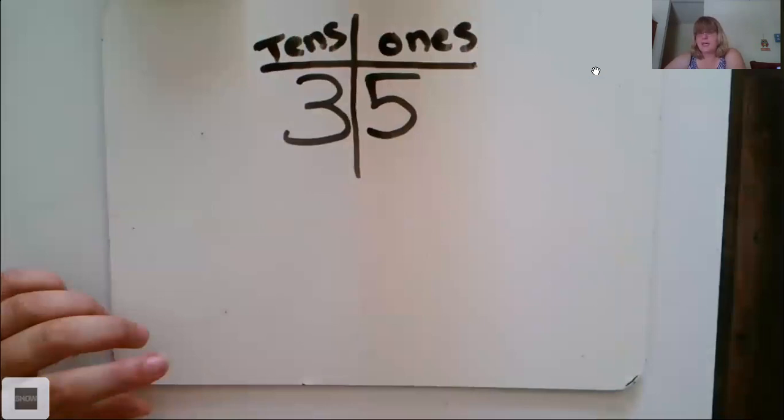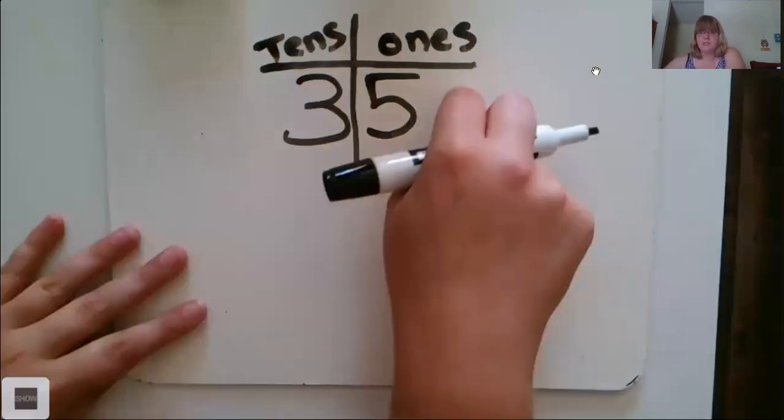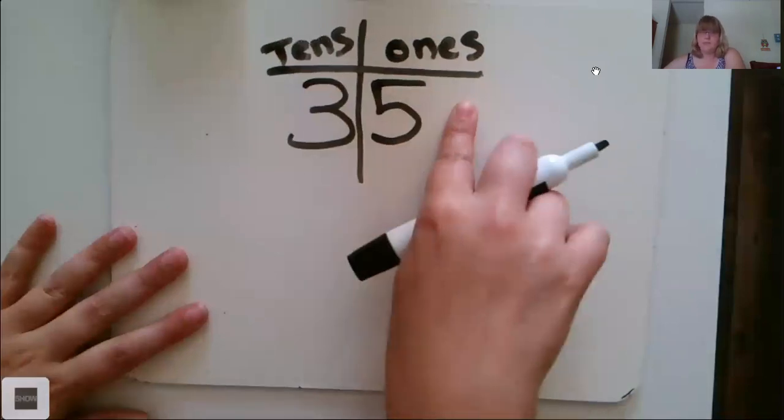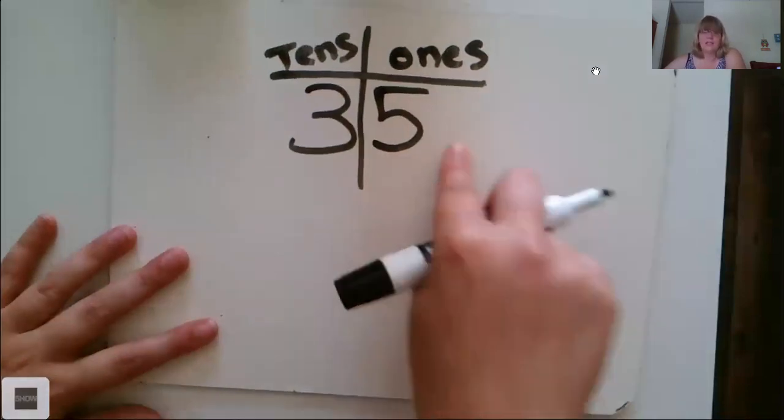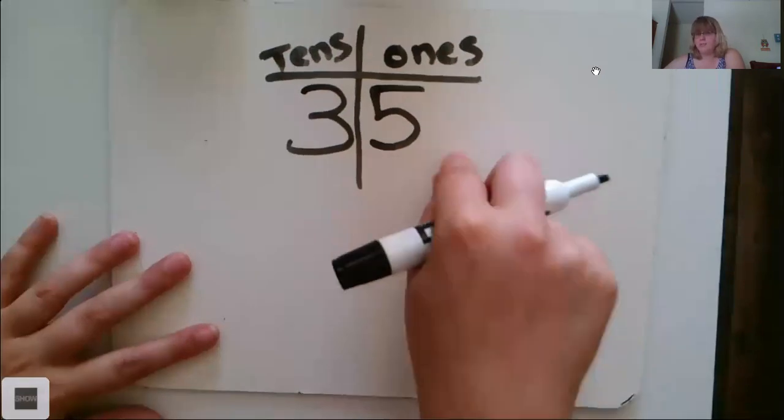If I'm subtracting a 10, the only number I'm going to change is the tens place number. Ones is off limits. We're not changing him. They can stay exactly the same as they are now.